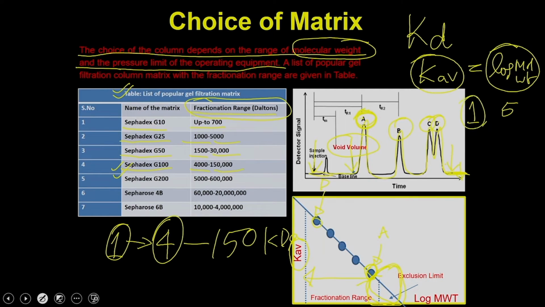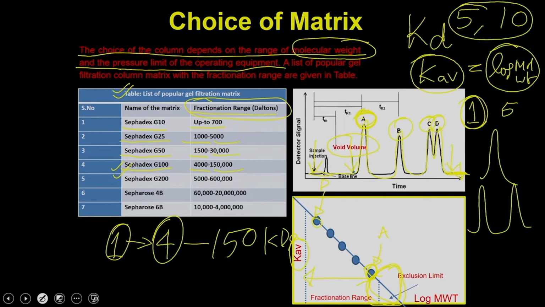Even the 5 kDa is effectively outside it, so you are going to see a single peak of 1 and 5, whereas if you have two proteins of 5 and 10, you can see two different peaks, because these two values fall within the fractionation range.